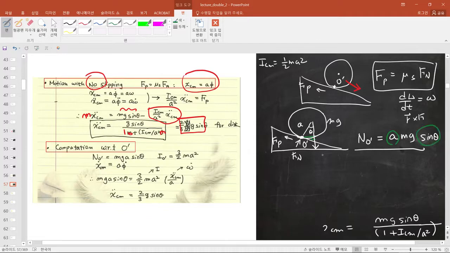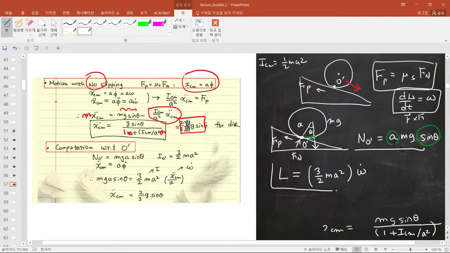Okay, so N O prime is mga sine theta, and you can still use this equation I explained for this laminar motion. So L is now going to be the center of mass moment of inertia is 1/2, and that is a. So therefore you have I, which is equal to 3/2 m a squared times omega dot.